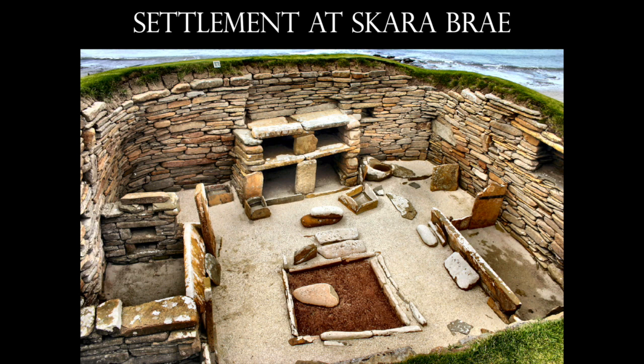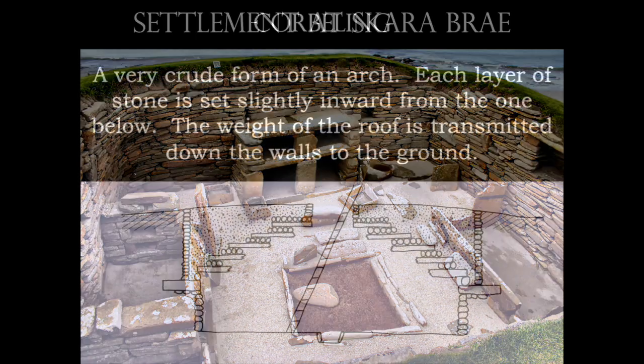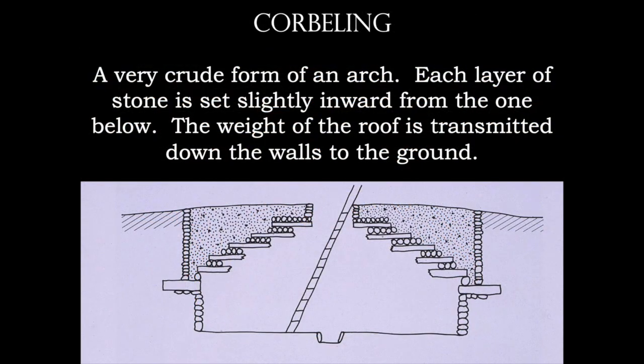And we have a couple different building techniques that are brought to us here. When we look at the edges of this structure, it's made with a flat stone. But each time a new layer of stone is put on, it's pushed slightly inward. So this home would have been covered, again, very much like a tent in terms of shape. And this is called corbelling.